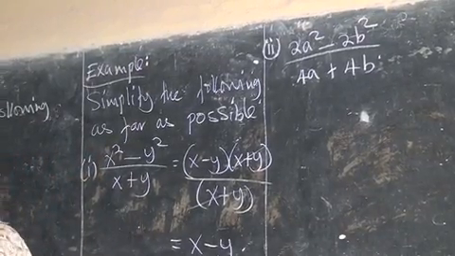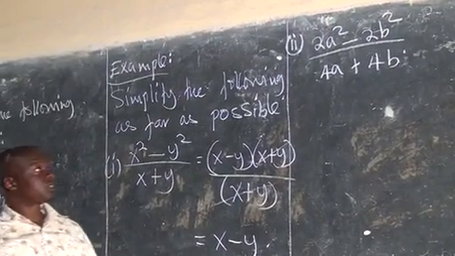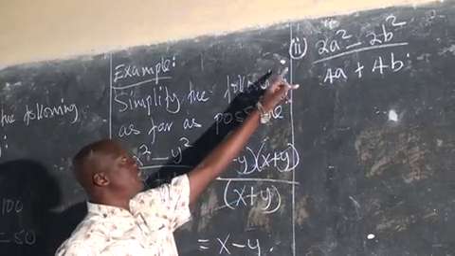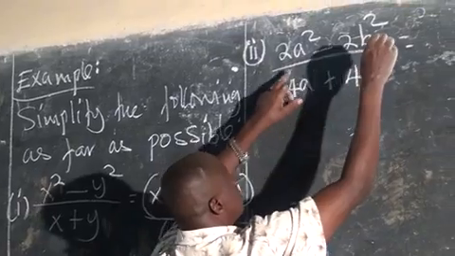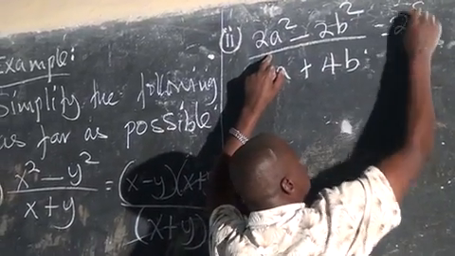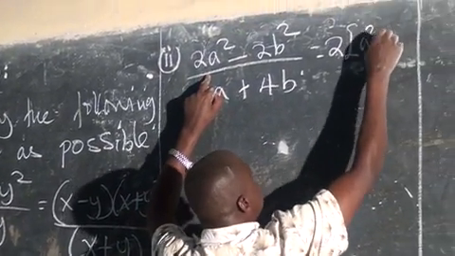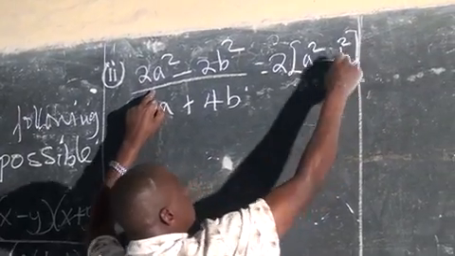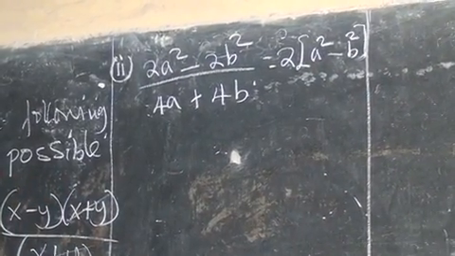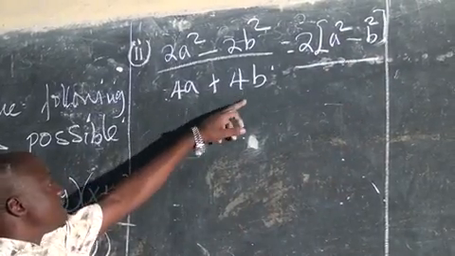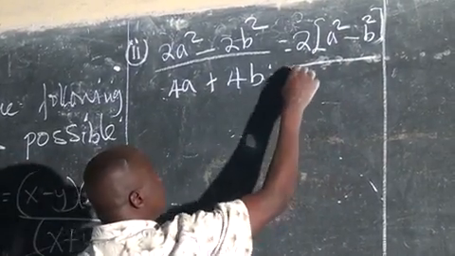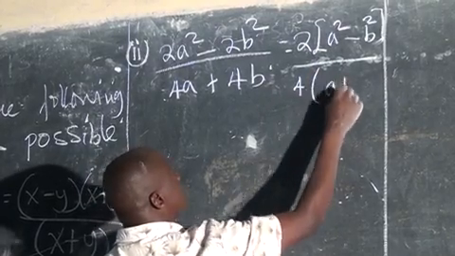Yes, we can factorize it, since here there is a common 2. We factorize it out, that is 2 into a squared minus b squared, divided by, here you can see there is a 4, so 4 into a plus b.